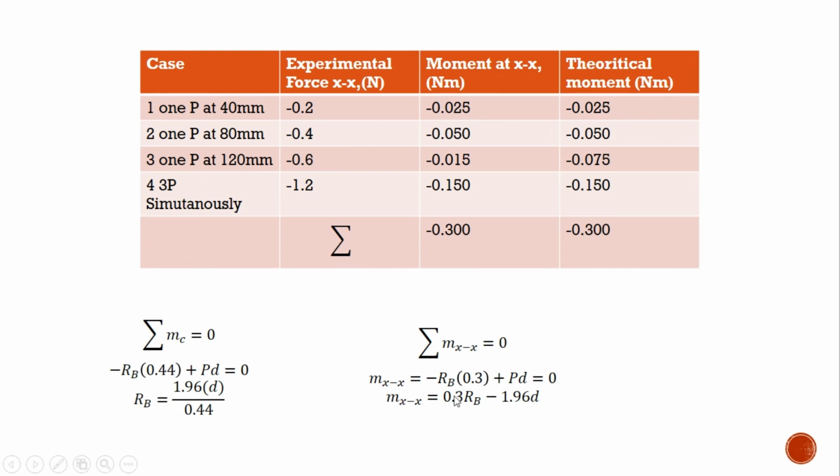For MXX, 0.3 RB minus 1.96D. Next, we substitute the distance values to find RB, and the distances to find the moment at XX.